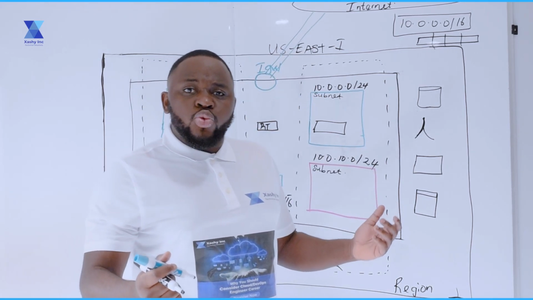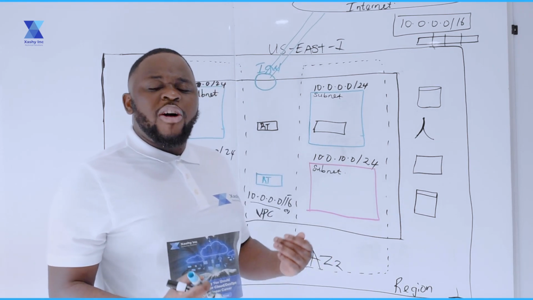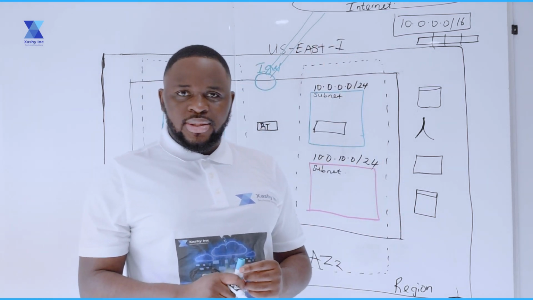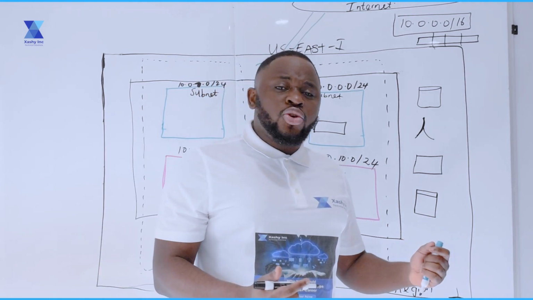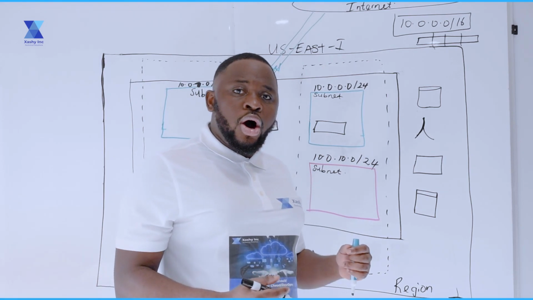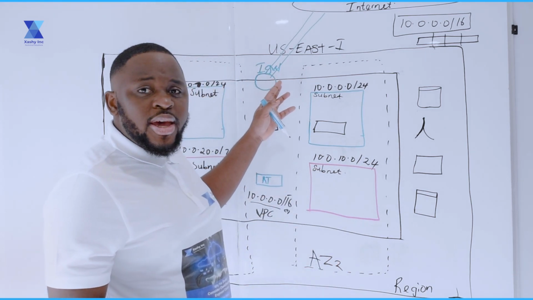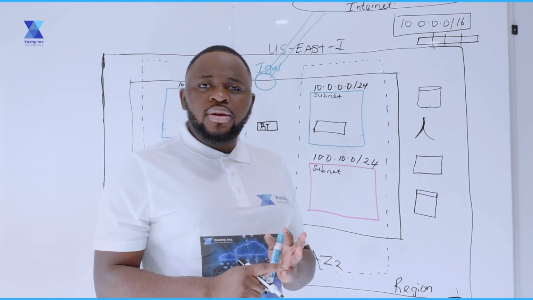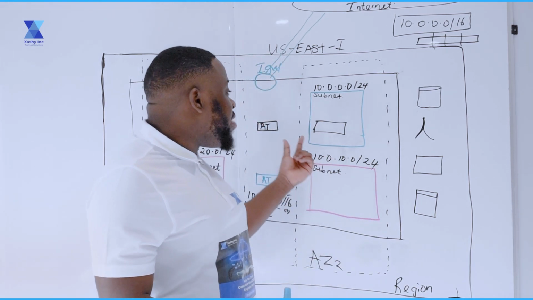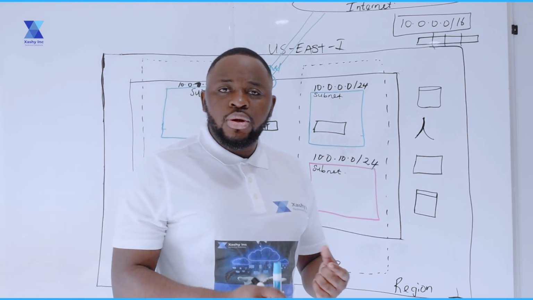But now there are scenarios where you might want those resources to have public IP addresses so that they can talk to the internet. So for you to actually make a subnet public, it's dependent on if the internet gateway is attached to the VPC, and besides that, you want to pay attention to the route table associated to that subnet.